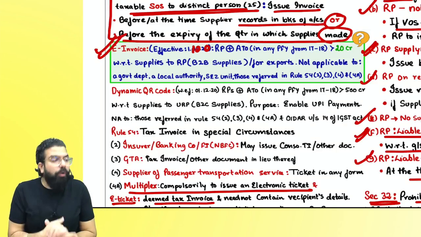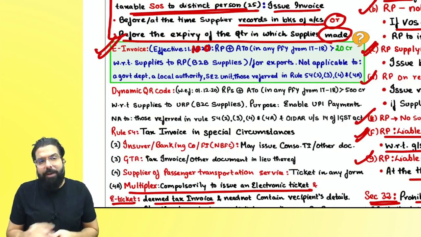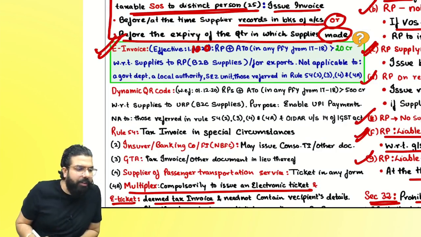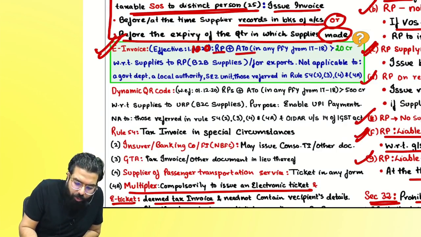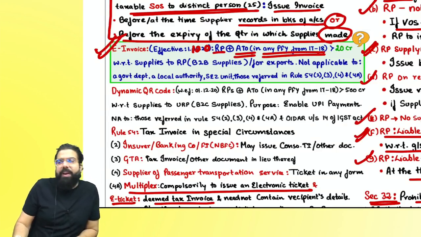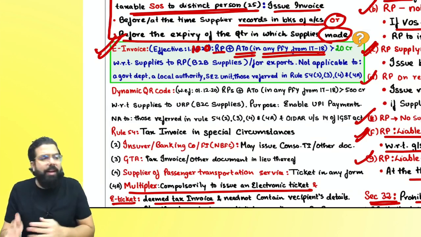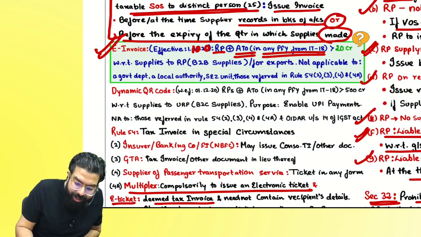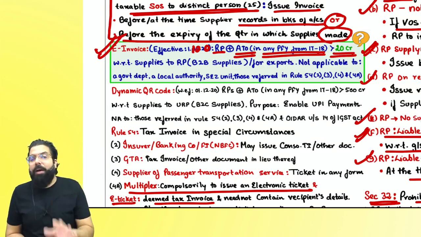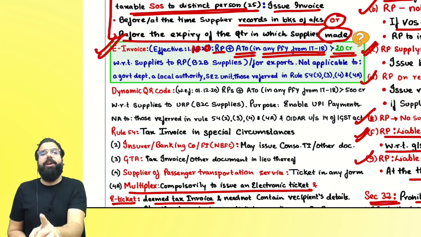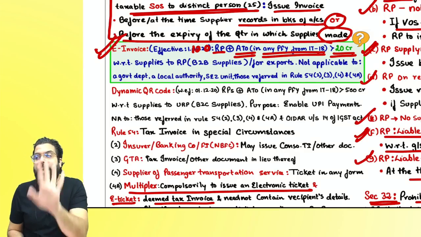Sir, for whom is the e-invoicing provision applicable? Always remember, e-invoicing provisions are applicable if you are a registered person whose aggregate turnover in any preceding financial year from 17-18 exceeds 20 crore. Earlier it was 50. For your May 22 exam, it will be how much?